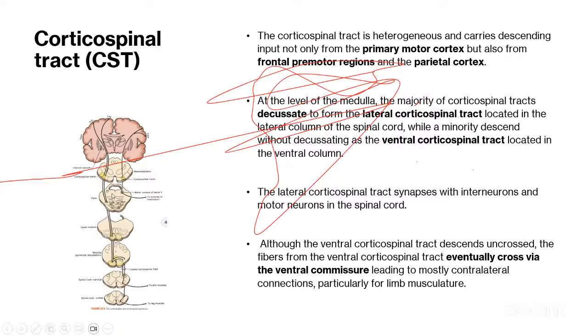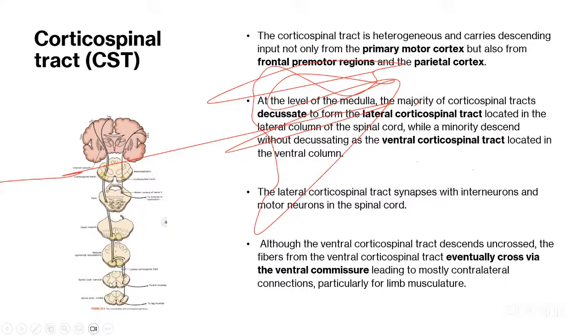At the level of the medulla, the majority of the corticospinal tract decussates to form the lateral corticospinal tract, located in the lateral column of the spinal cord, while a minority descends without decussating as the ventral corticospinal tract, located in the ventral column.